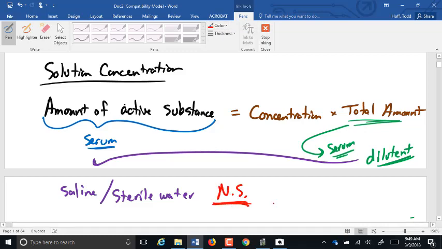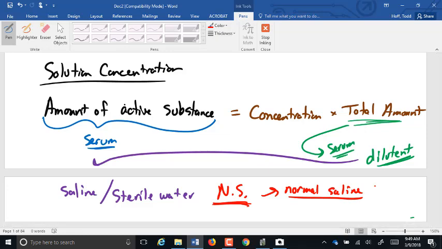The letters NS can actually be used for two different acronyms. Normal saline means it's a solution that has no medicinal value and is pH balanced to match your body's pH, is all that means.